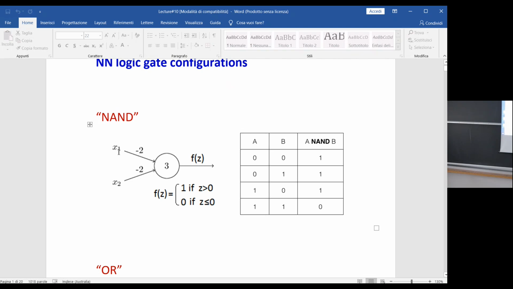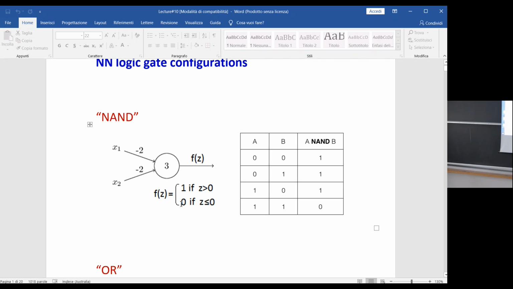Yes, -2 x1, -2 x2, plus 3. And we have some output z, and then we have a transform of the output z, in the sense that we apply the cutting function.